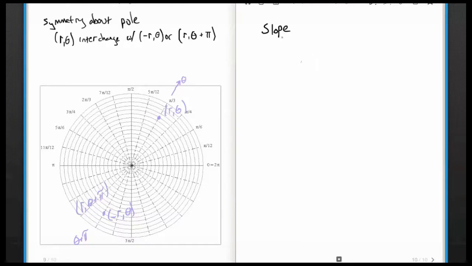Okay, you may say, so in general r is some function of theta. Right, we plug in a theta and then we get some r out of it. So is the slope dr d theta? How is the radius changing? Little change in theta, how does the radius change? Is that slope?